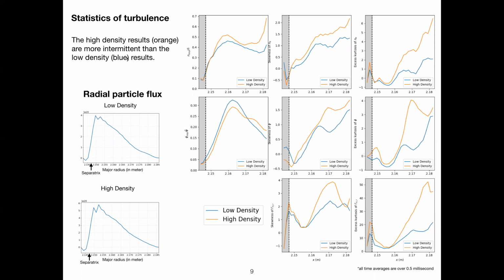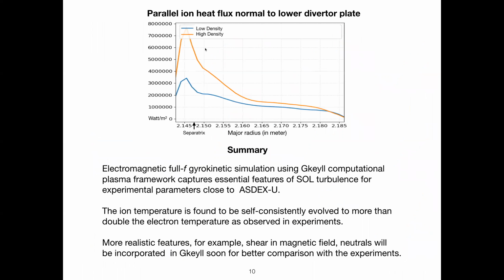So overall, we can say that the runs with higher density are more intermittent, and the high density case has more radial particle flux also. You can see, and if I calculate the parallel ion heat flux in the divertor plate, we also see that the high density runs have more heat flux. It is throwing in the divertor plate compared to the low density run, the blue one.